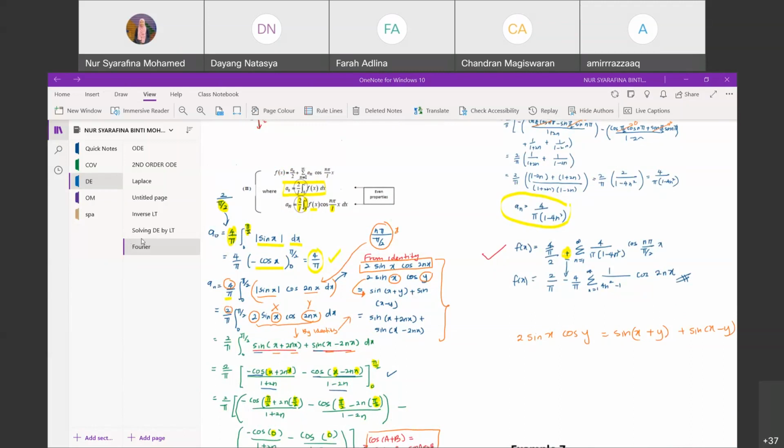If we put 2 here, then outside the 4 now becomes 2. So 2 times 2 is 4. So we put 2 here, 2 here, 2 here. So 2 sine x cos 2nx now becomes, this is your x, this is your y, sine x plus 2nx plus sine x minus 2nx. So now that's why we have this. Okay, clear?